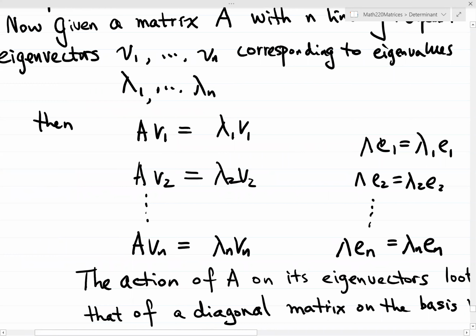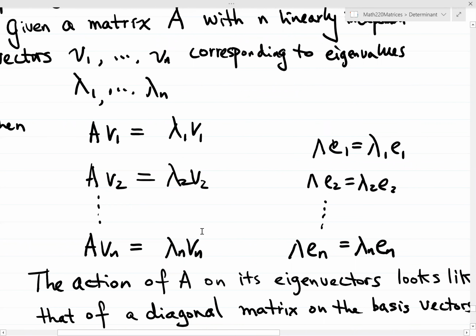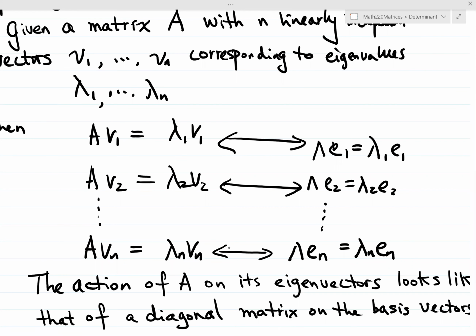By definition, A v1 is lambda 1 v1, A v2 is lambda 2 v2, etc. If you compare this relation with what we did for the diagonal matrix, you see that what matrix A does on its eigenvectors v1, v2, vn is exactly what the diagonal matrix did on the vectors e1, e2, en.